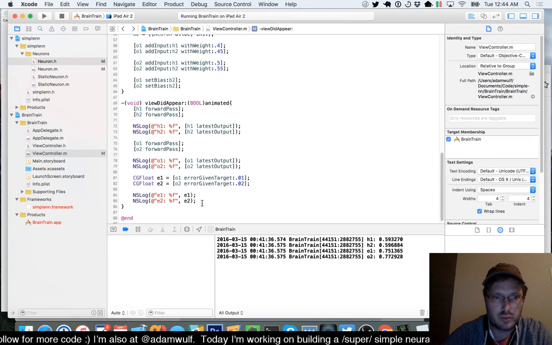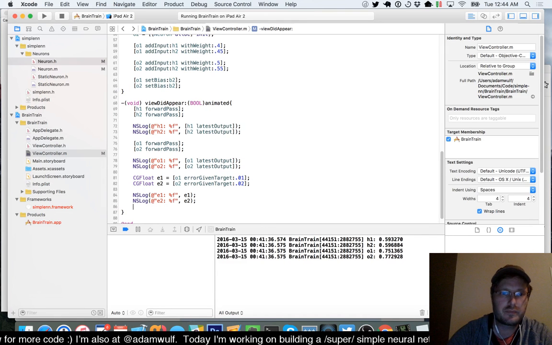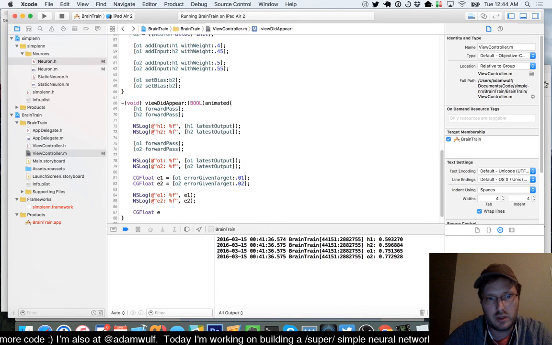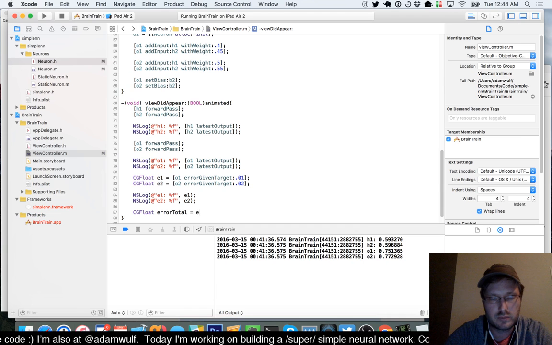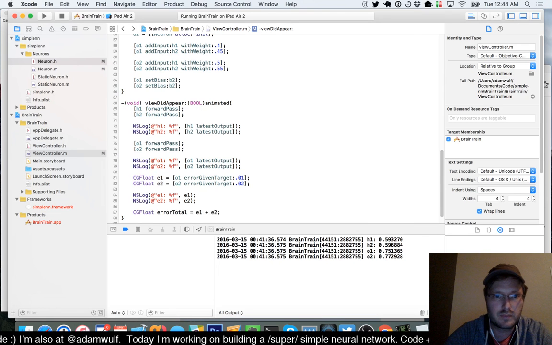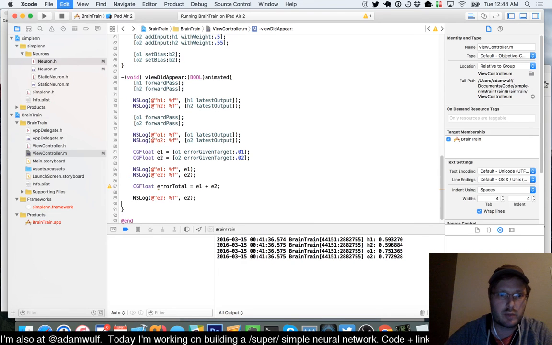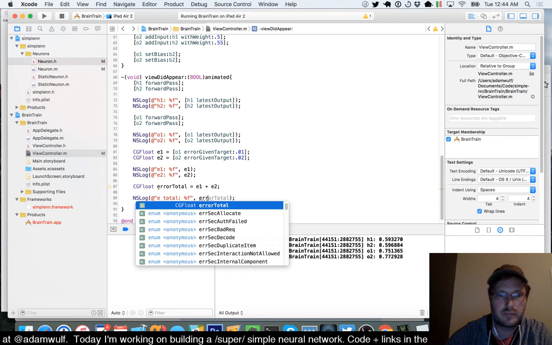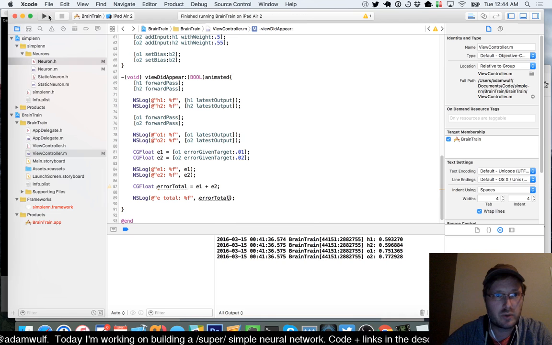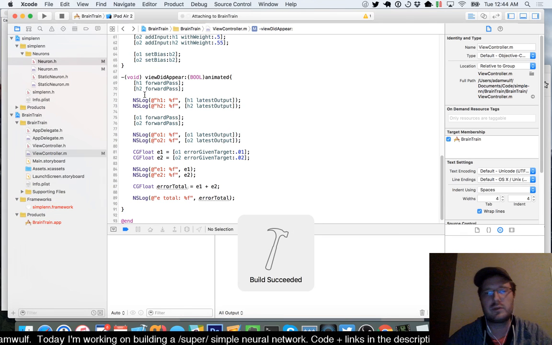Not super exciting. E error total, E1 plus E2. And we'll go ahead and output that too, just for fun. Now when we run that, we should get the correct error values.